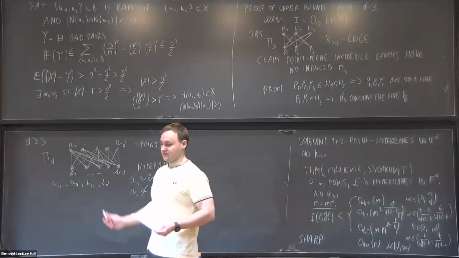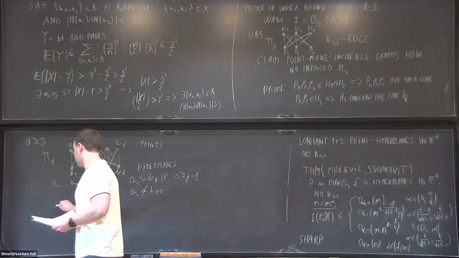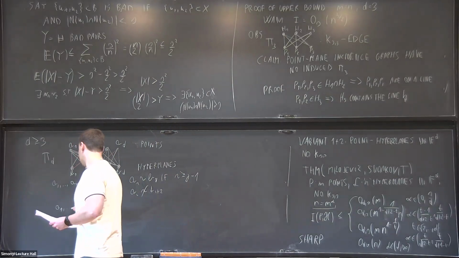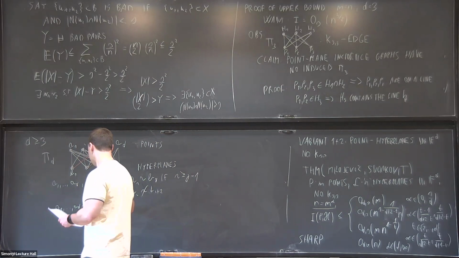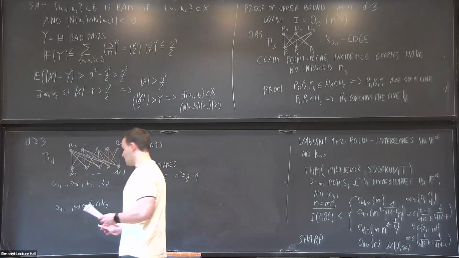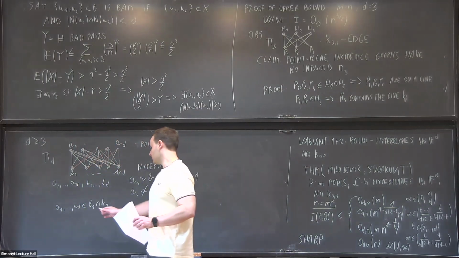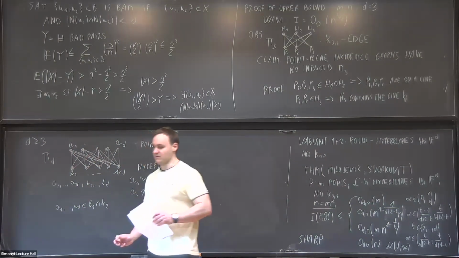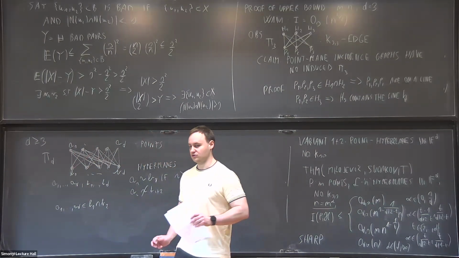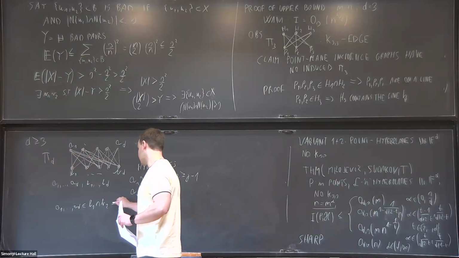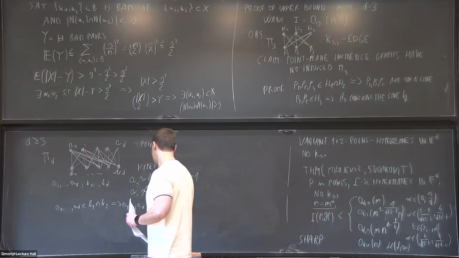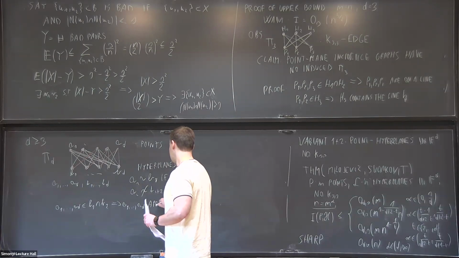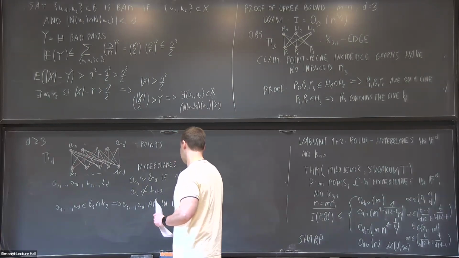So if I can find this configuration, it means that first of all, A1 to AD are contained in the intersection of B1 and B2. B1 and B2 are one codimensional, so their intersection is two codimensional. So this implies that A1 to AD are in a d minus 2 dimensional subspace.